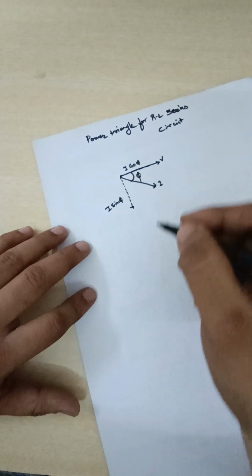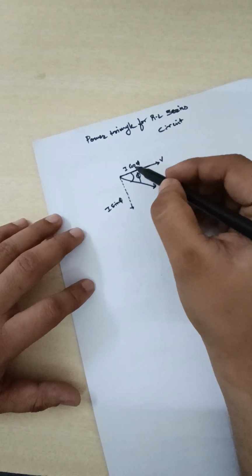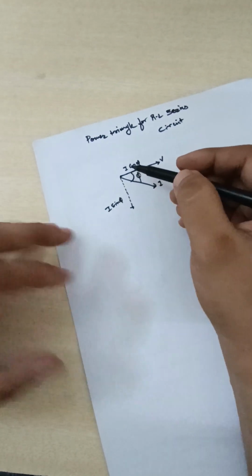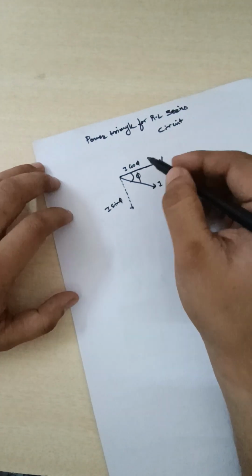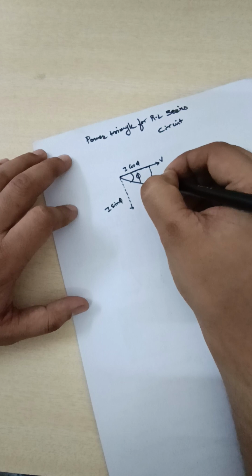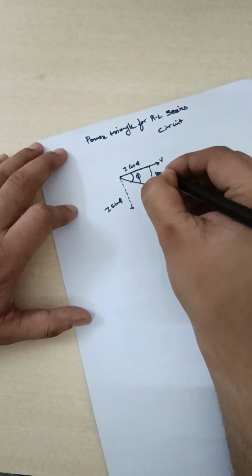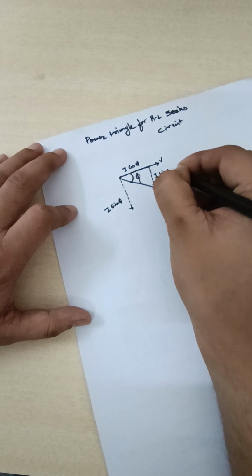So basically if you will multiply all these, so here you can draw it here. This will be the I sin phi.